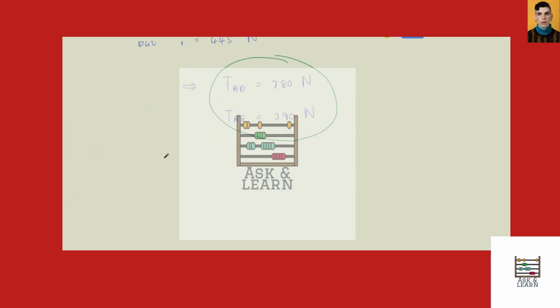So if we take the sum of all the forces, we know the forces acting on this pole at equilibrium must equal 0. That means that the tension of BD plus the tension TBE plus P plus the reaction A must equal 0.